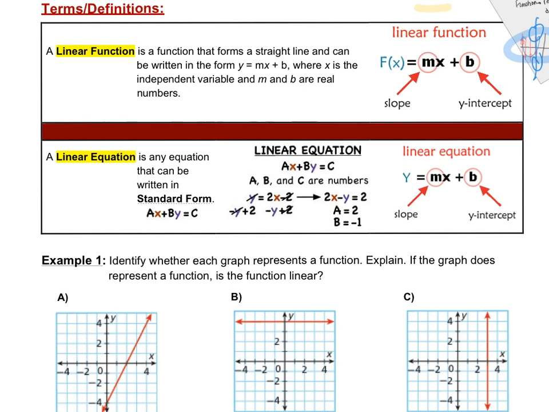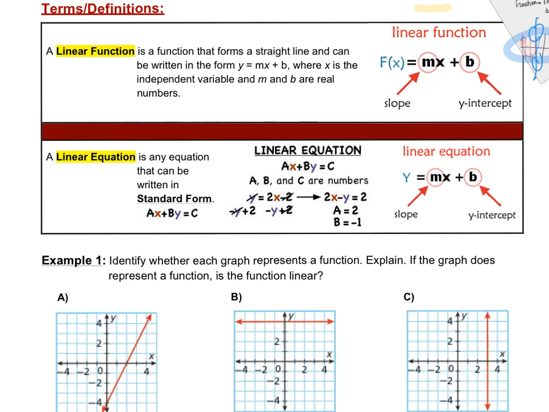A linear equation is written with the y equals. So the difference between the two is that equations don't have the function notation such as linear functions do. It's an equation that can be written in the standard form of a line.